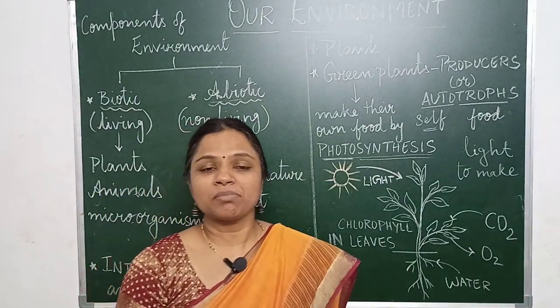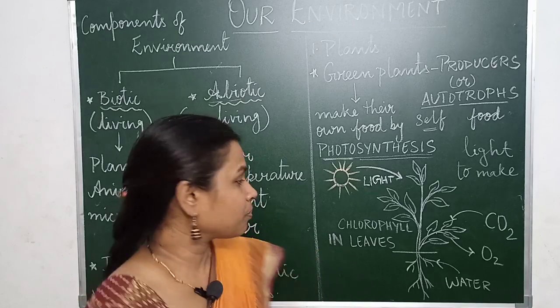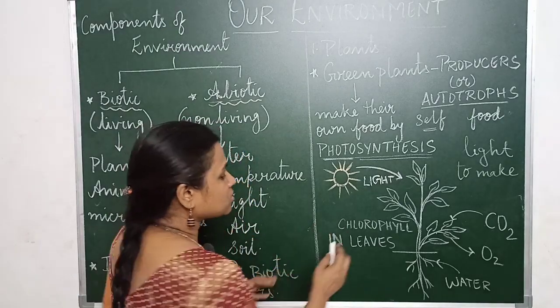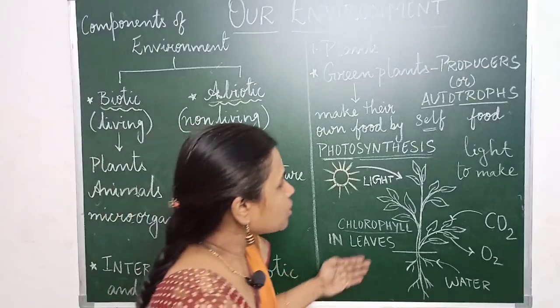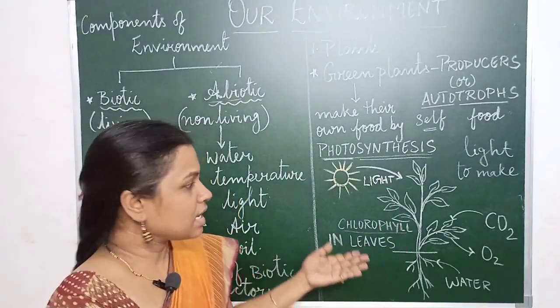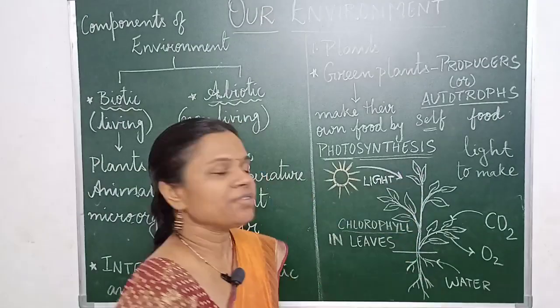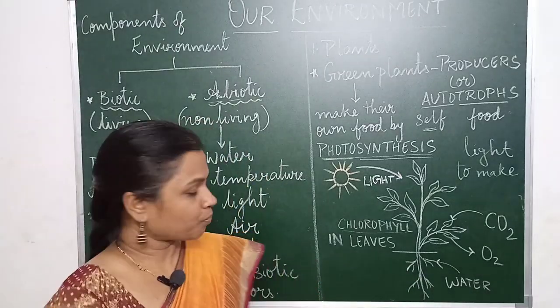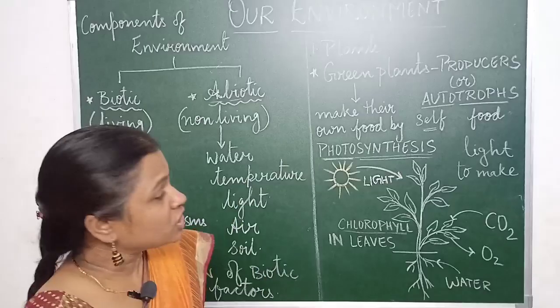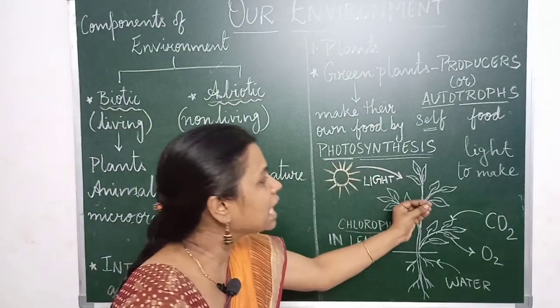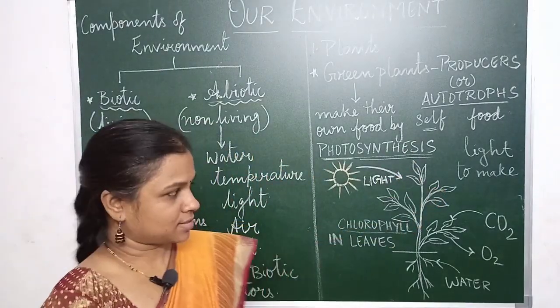Pigment is nothing but a coloring agent. That pigment is called chlorophyll. It is present mostly in the leaves and to some extent in the stem also. So, this chlorophyll is the green pigment which is responsible for the green color of the plants.